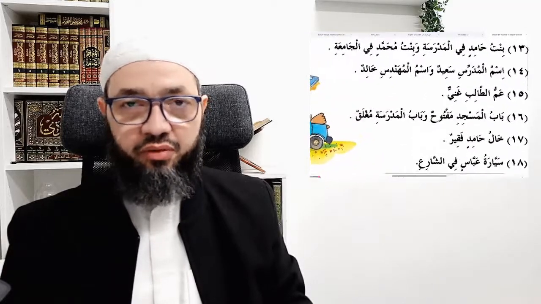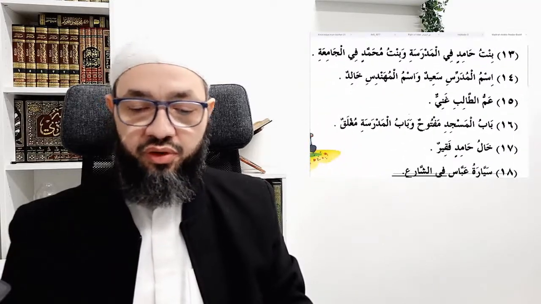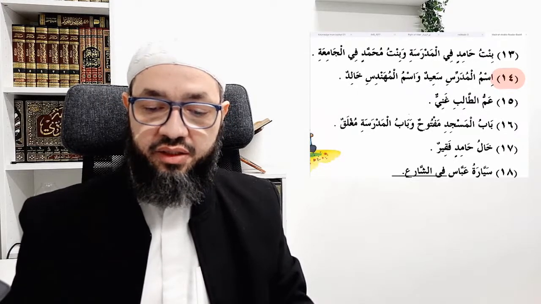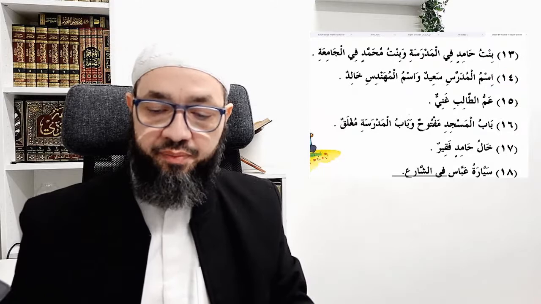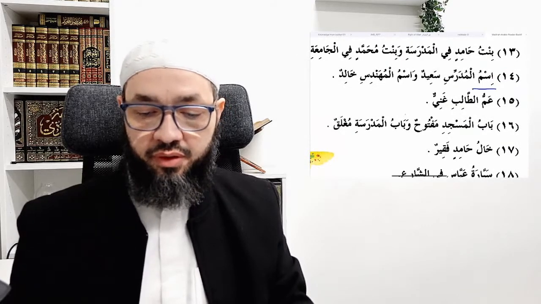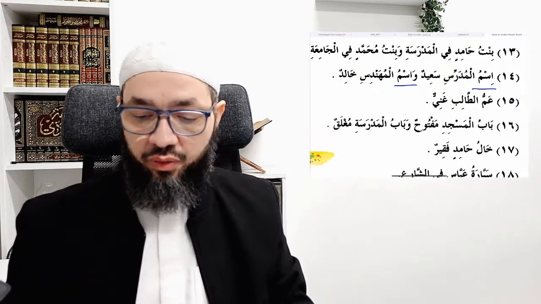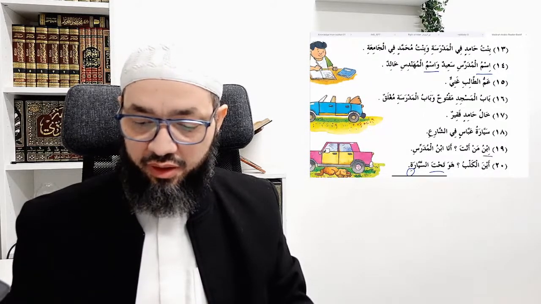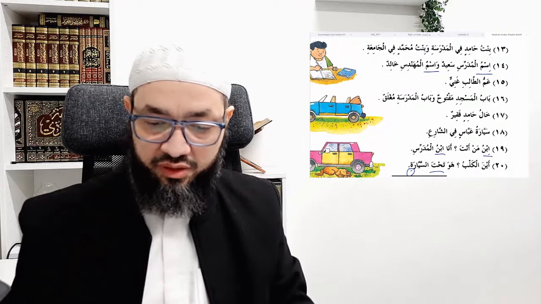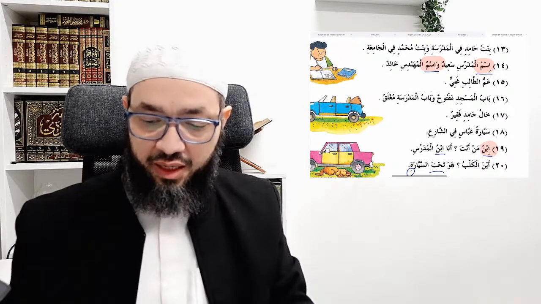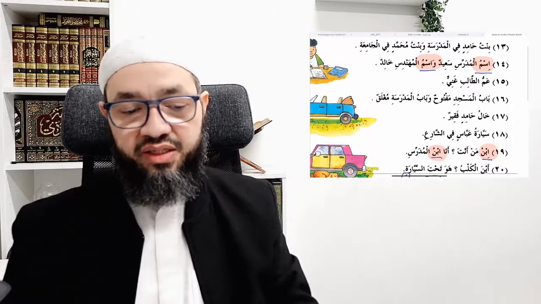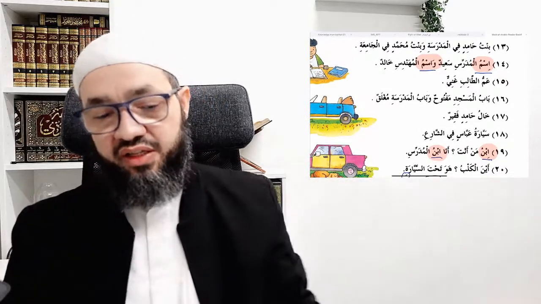Another important grammar point mentioned in these lessons is the word ism, and the word ibn. These two words, ism and ibn, you only pronounce the alif when it's at the beginning of the sentence.